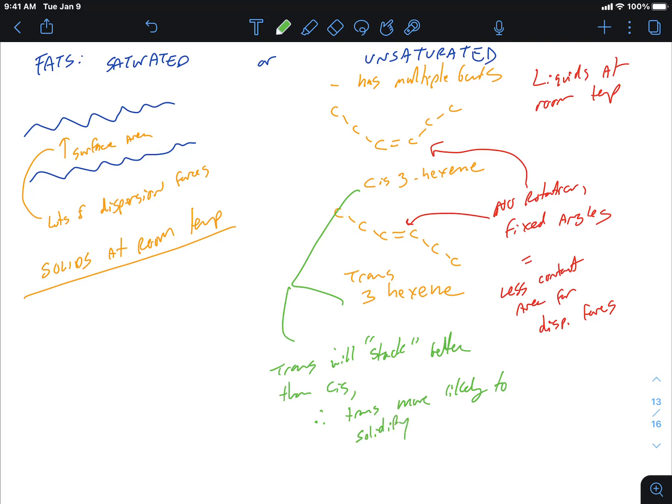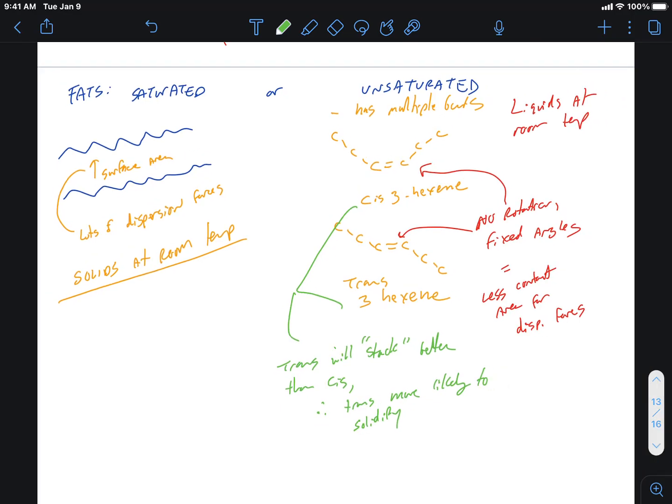Even though I said they're both liquids, the trans fats are more likely to solidify than the cis. The cis most likely will never solidify. Olive oils, right? Cis fats. Those are actually good for you because they provide the benefits of the fats without too many of the negative sides of the fats. They don't accumulate and stay in your system as solids.